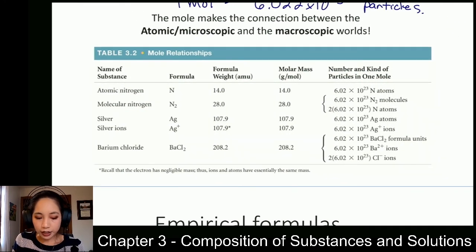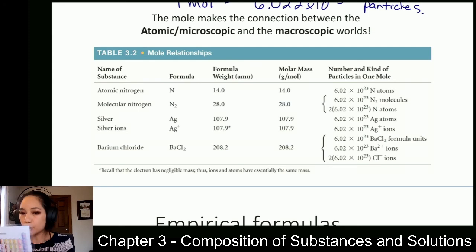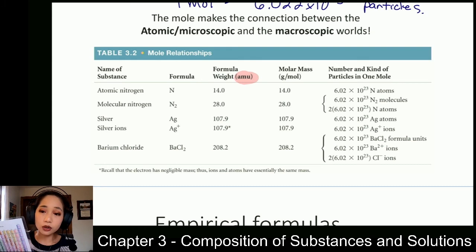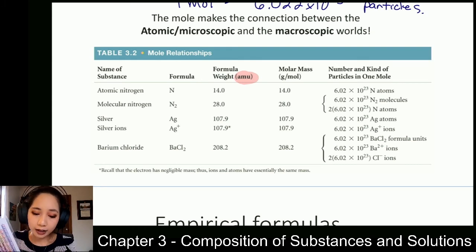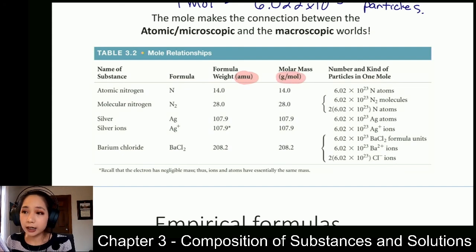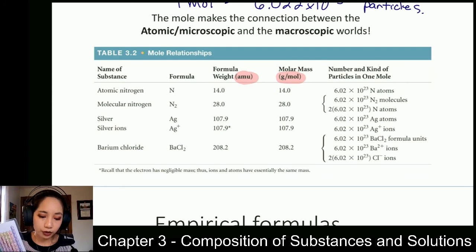All right. And so this table emphasizes how to use the periodic table in terms of AMU when talking about single formula units, single atoms, and how that's the same number when calculating molar mass. Essentially, how much does 1 mole's worth of atomic nitrogen weigh?